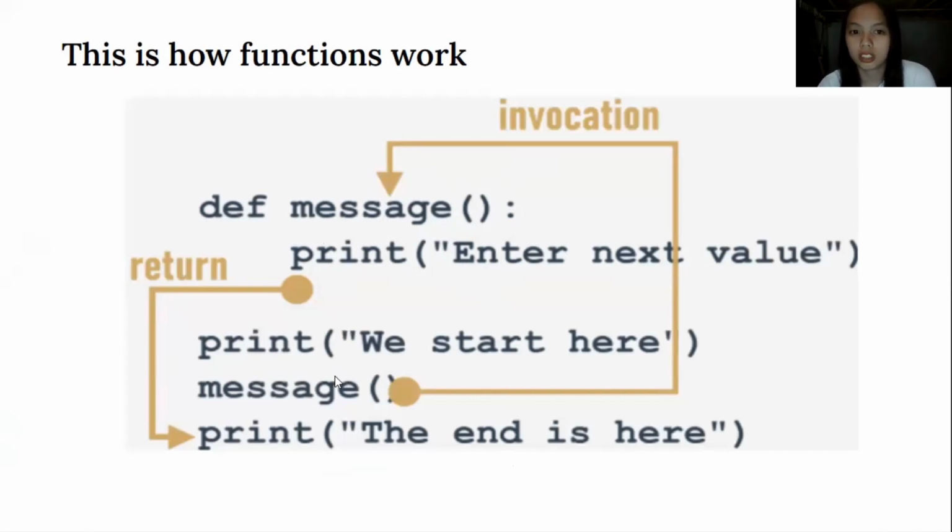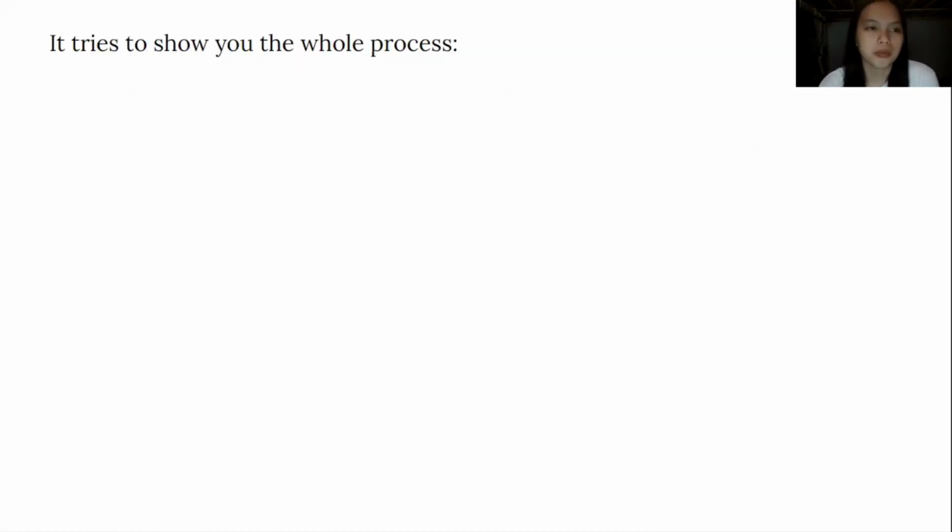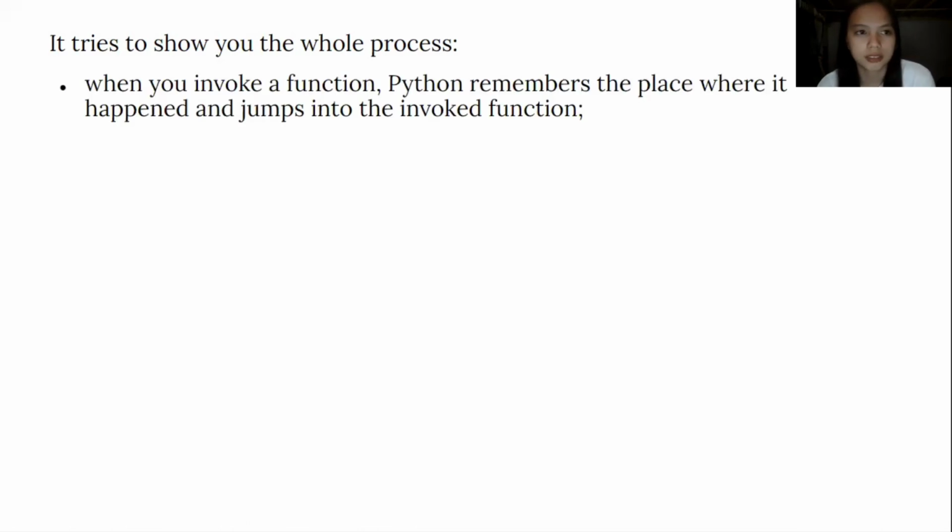Here is where you start what you will do. Then message, open and close parentheses, then print again. Then you end it here when you are finished. So this is how a function works. It tries to show you the whole process.